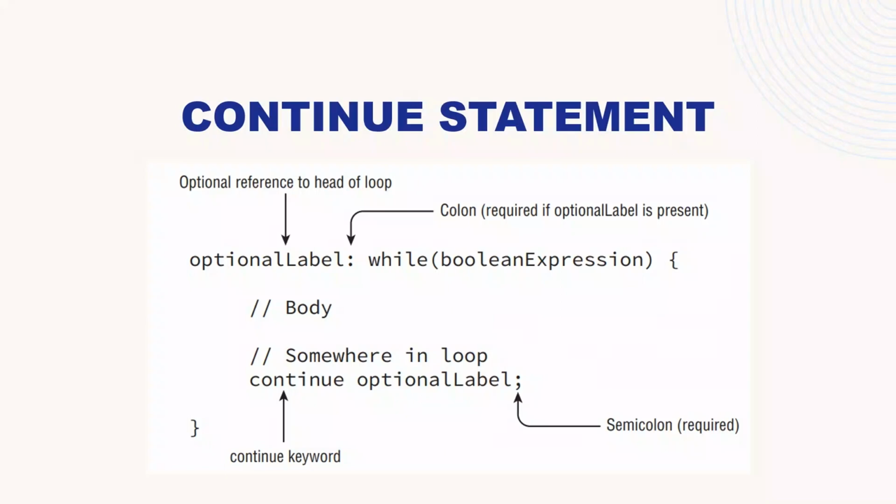Now in this particular diagram that you see on the screen, you may notice the syntax of the continue statement mirrors that of the break statement. In fact, the statements are similar in how they are used, but they are used with different results.